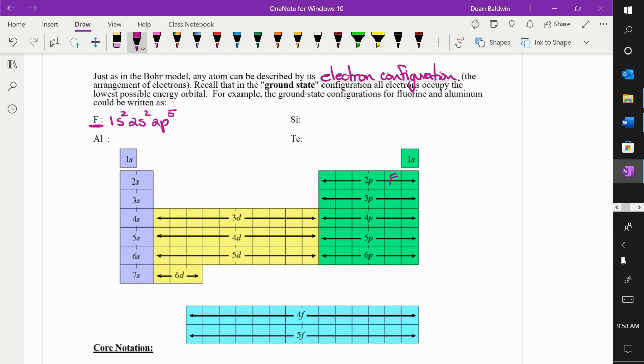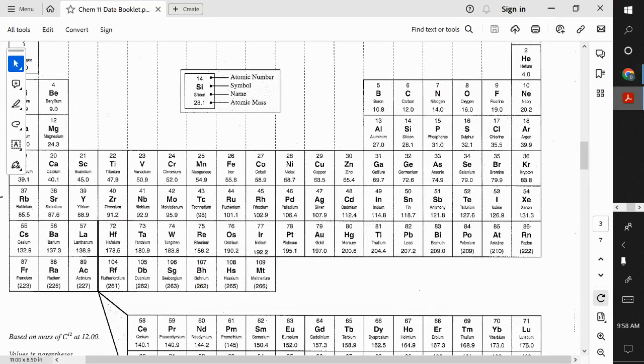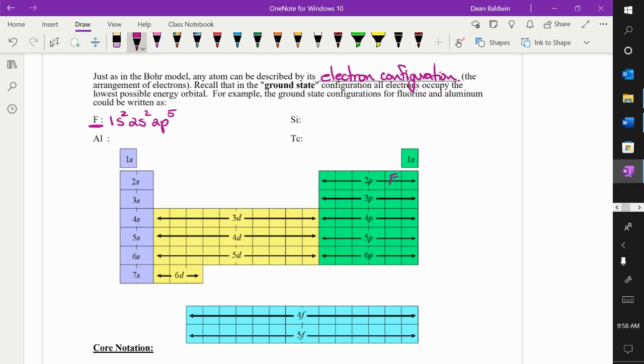All right, silicon. Where is silicon? Let's find it on the periodic table. Here it is right here, number 14. So we have to get to this part. 1s2 and 2s2 get filled right away.